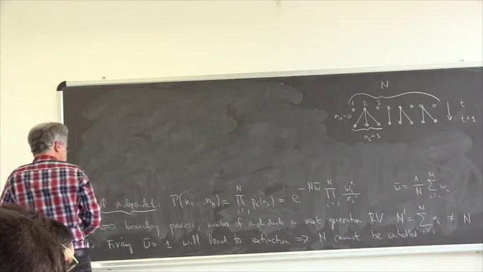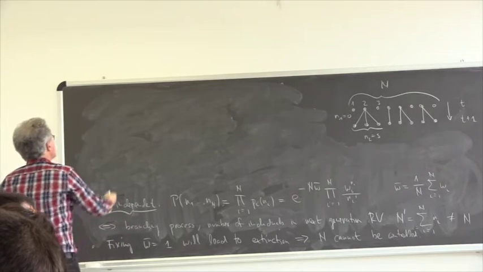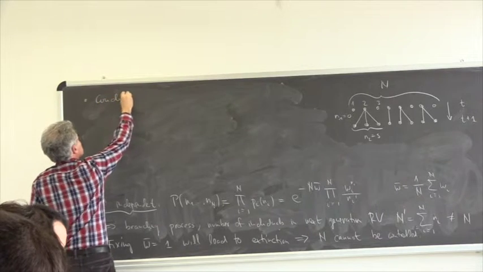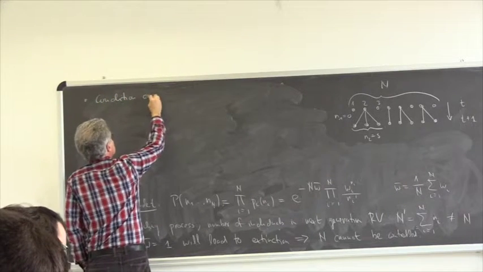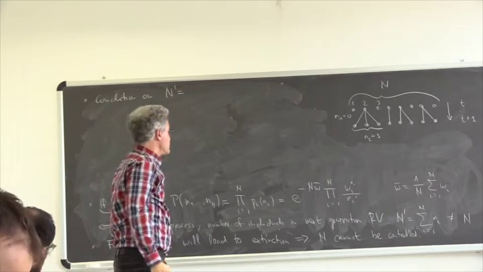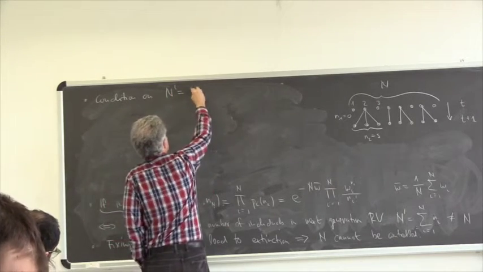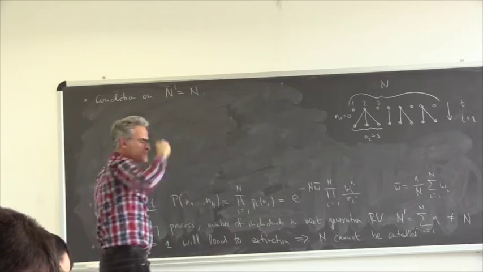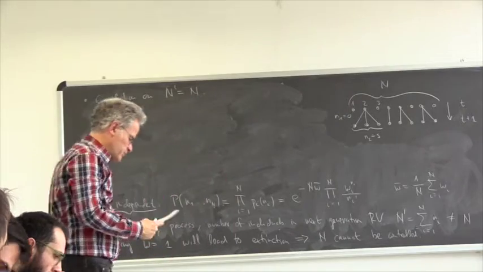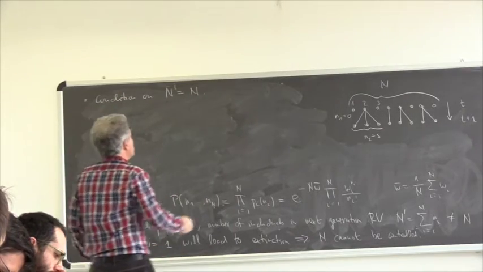Okay, so what we'll do is instead of doing this branching process, we'll condition on N prime, the population size in the next generation, to be equal to N. For this one needs, of course, the probability of this event, and this I'm not going to derive; it's not very difficult.